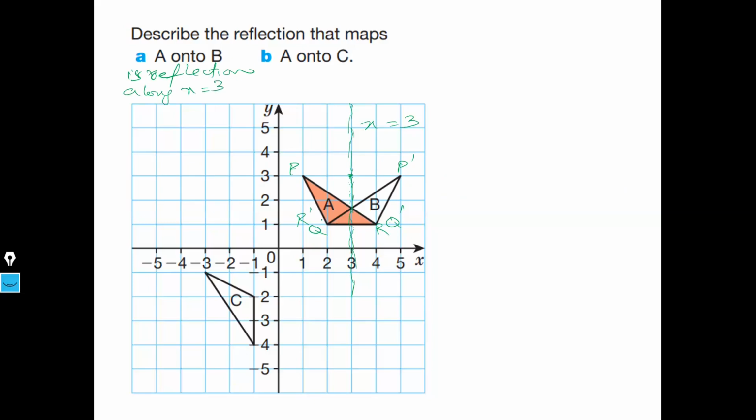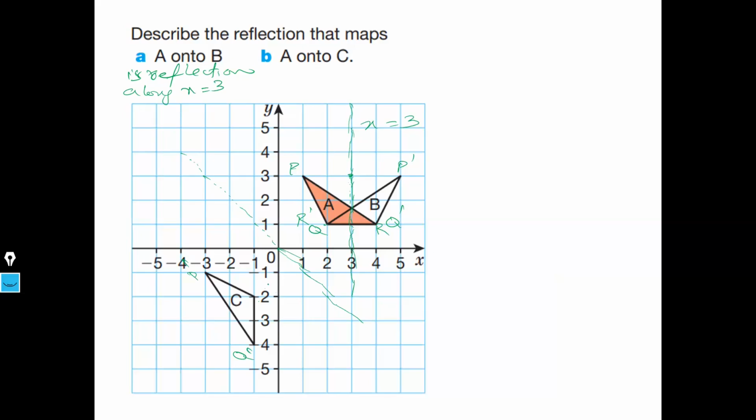Now look at A, they say A onto C. We know what the equal distance from A to C is, which line it could be. So again we make this line of reflection. Again, we check, do we have the same equidistant distance of this P dash, and this is Q dash, and this one is R dash.